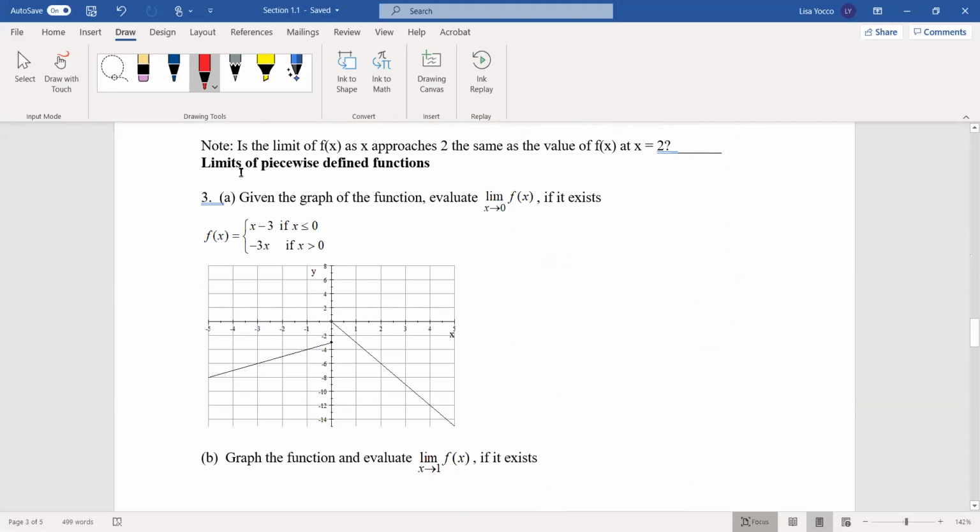I believe we graphed one of these last week. So number 3 is a piecewise function with the 2 pieces there. And we're asked to find the limit of the function as x approaches 0 if it exists. So we'll see what that means.